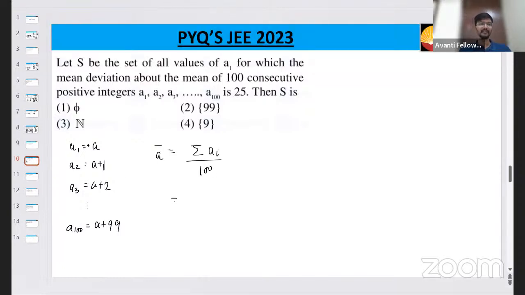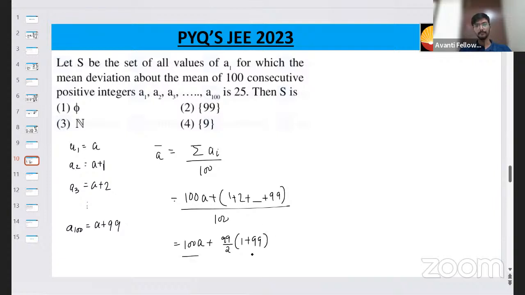What is summation ai? 100A plus 1 plus 2 plus dot dot dot 99 upon 100. So 100A plus n by 2, 99 by 2 into first term plus last term, upon 100. We can cancel out these hundreds. So we got A plus 99 by 2 as the mean.